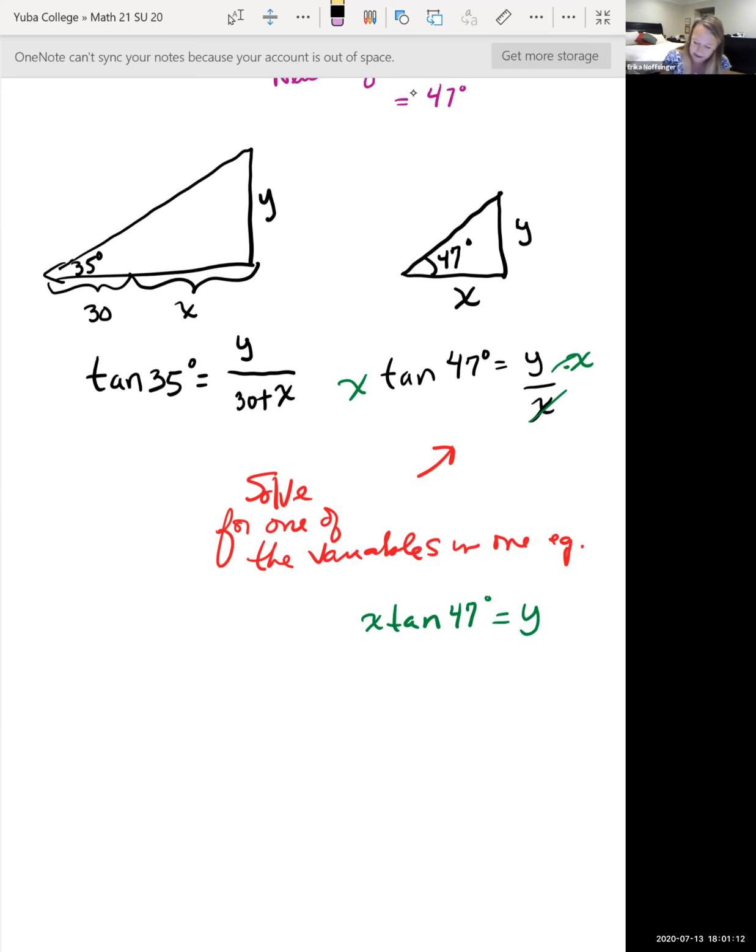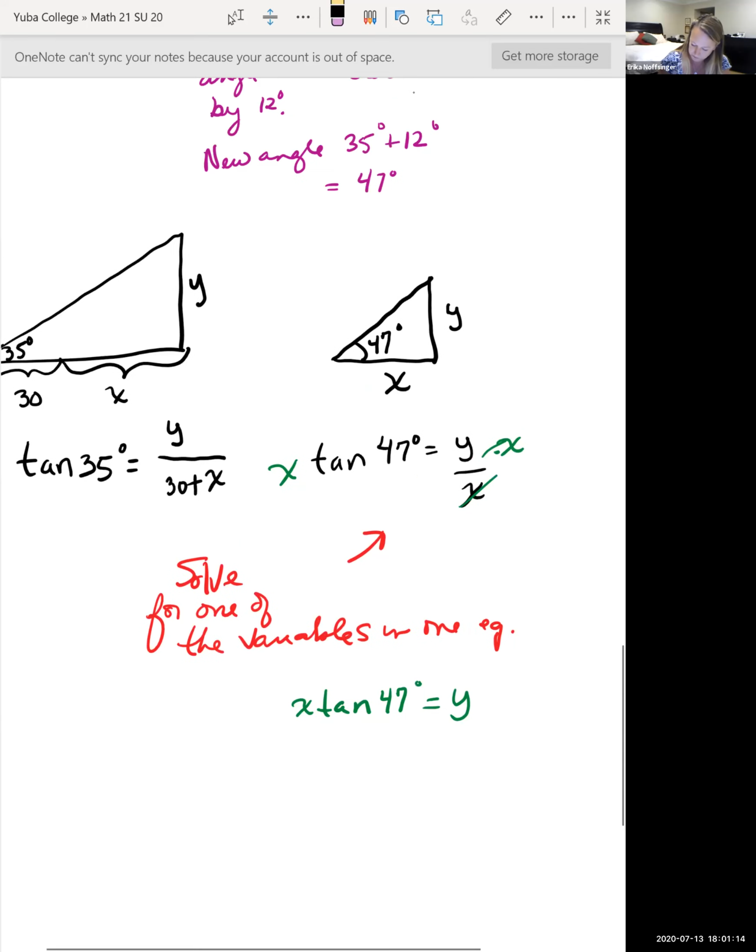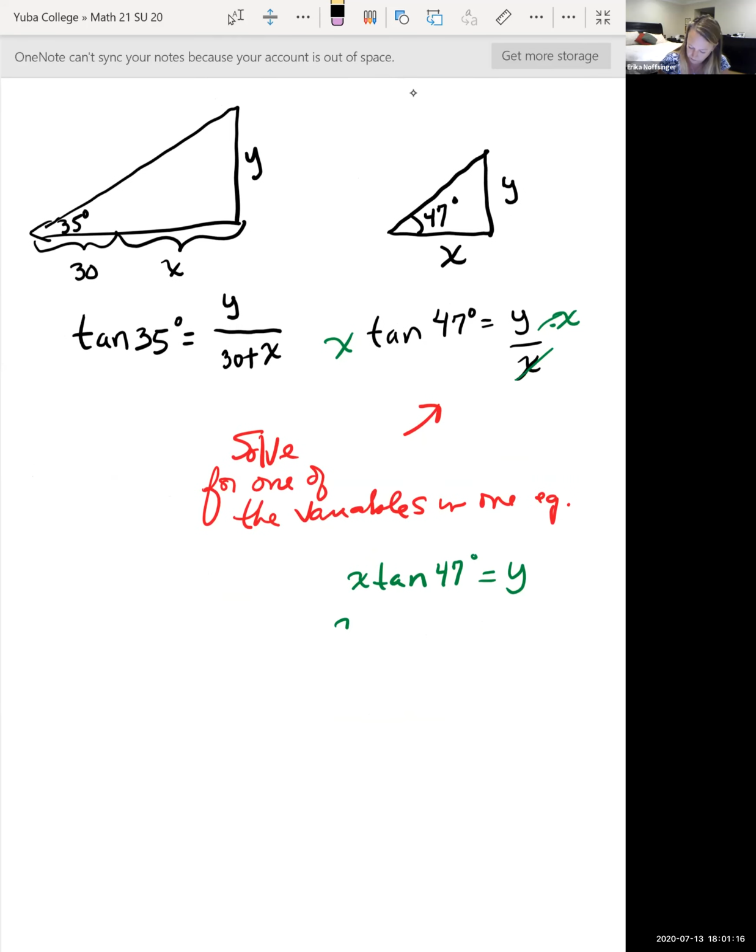So X is equal to Y over tangent of 47 degrees. Divide both sides by tangent of 47.